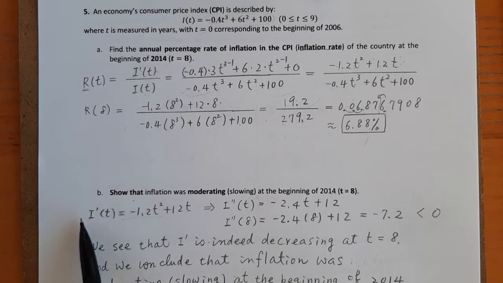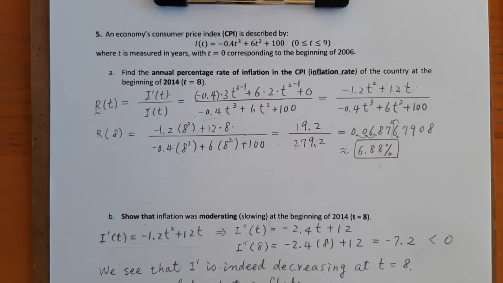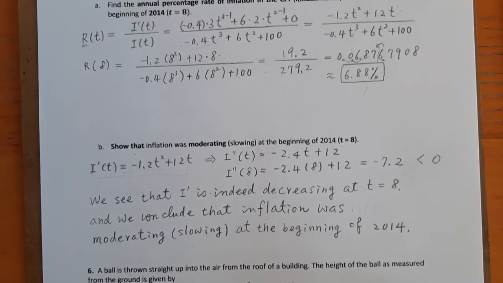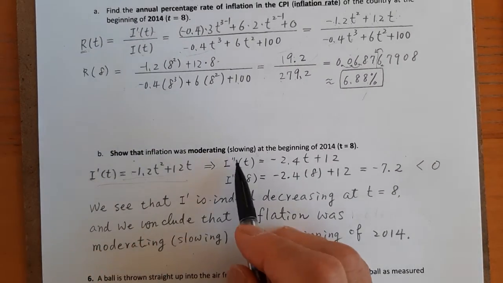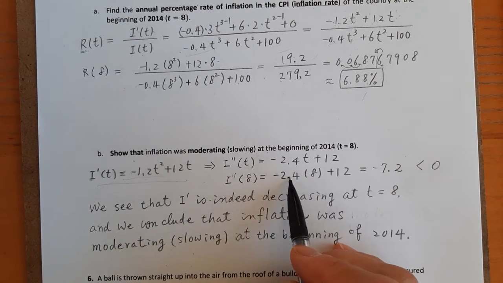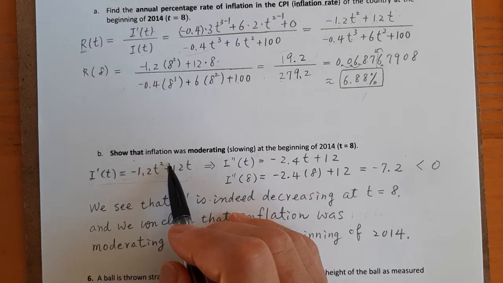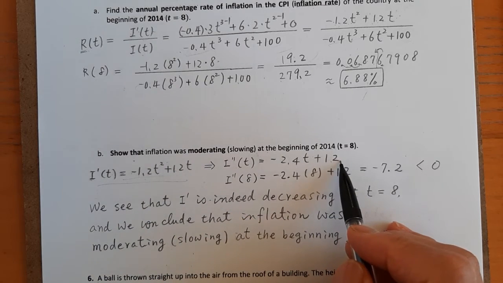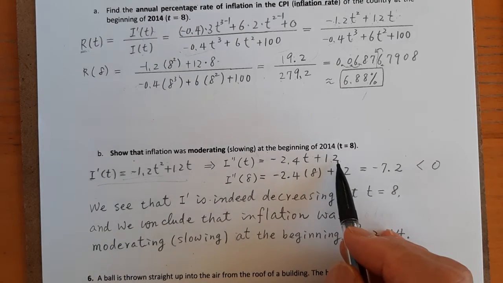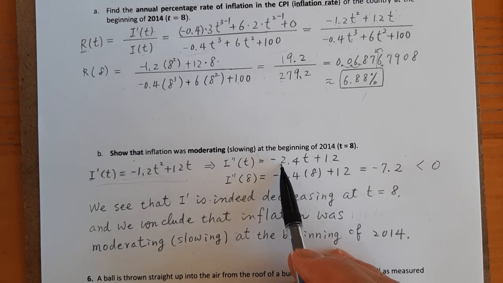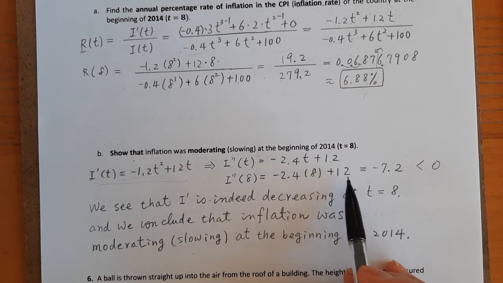Take the derivative again, the second derivative: negative 1.2 times 2 is negative 2.4, times t, and the derivative of 12t is 12. That's the second derivative. Then plug in t equals 8: negative 2.4 times 8 plus 12.